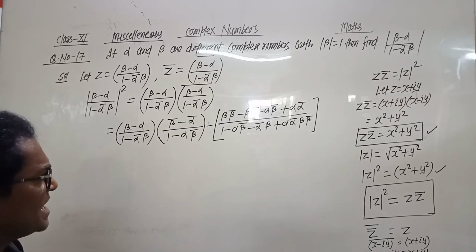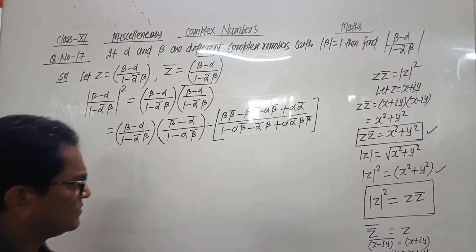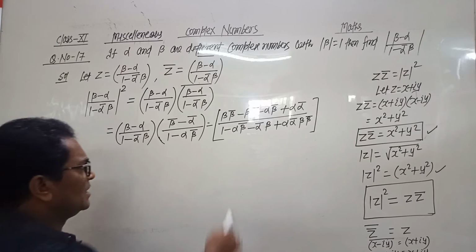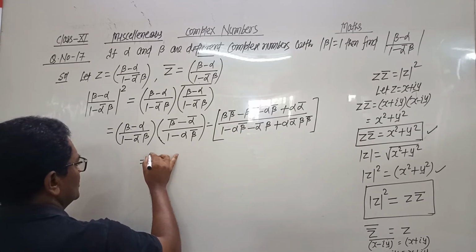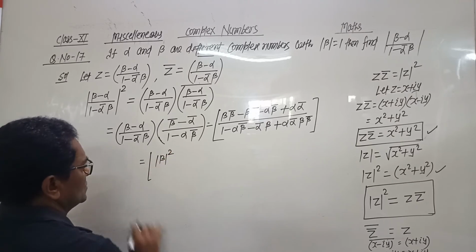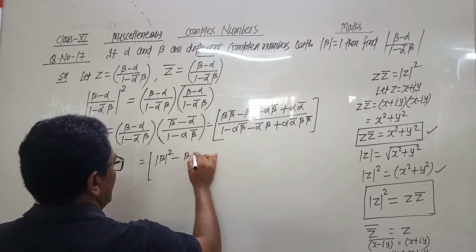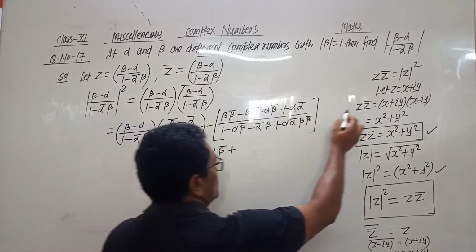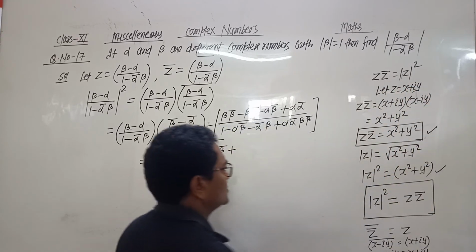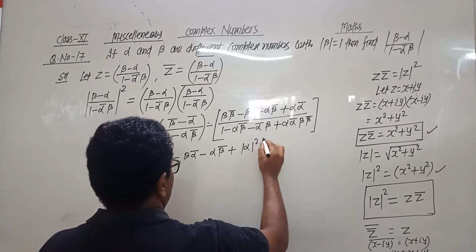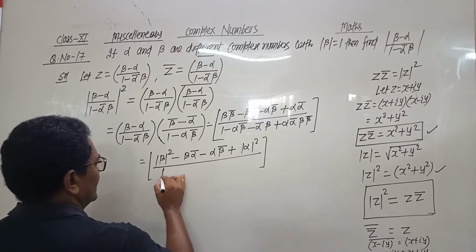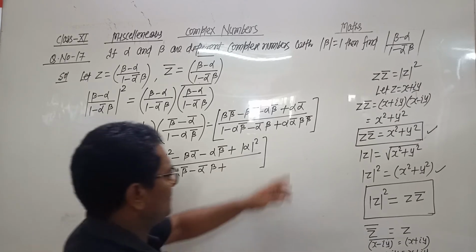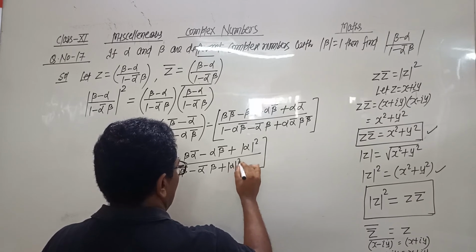Now from the same formula, beta into beta bar is written as mod of beta the whole square, minus beta into alpha bar as it is, minus alpha into beta bar as it is, plus alpha into alpha bar, which is written as mod of alpha the whole square, upon 1 minus alpha into beta bar minus alpha bar into beta plus mod of alpha square.